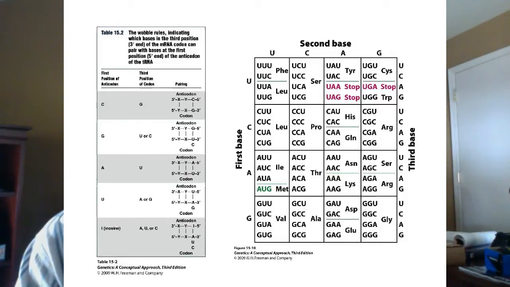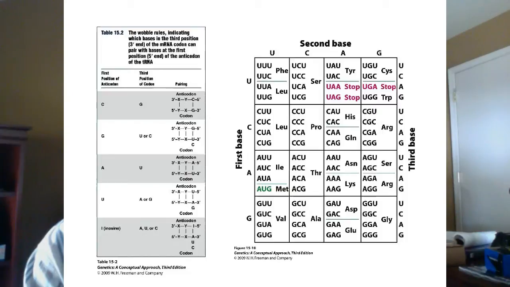Wobble shows that changes in the third position are the changes most likely to result in the same amino acid being coded for by that piece of DNA. If you look through the table, you can see, for example, UCU, UCC, UCA, UCG all code for serine. It is the second column to the right at the top row of the table, and it's called wobble.